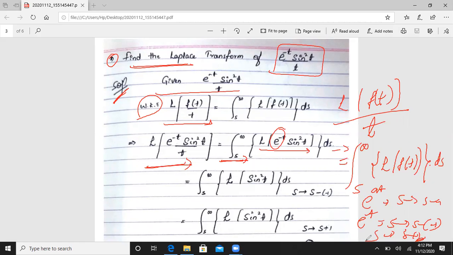We write this again: the integration over s to infinity of the Laplace transformation of sin square t ds, where s tends to s plus 1.